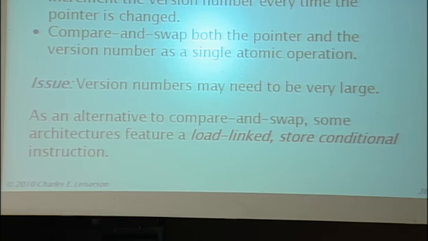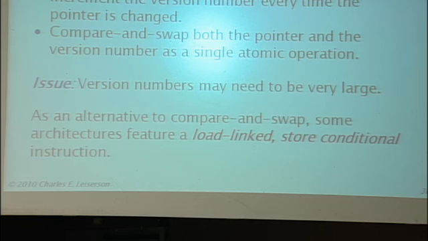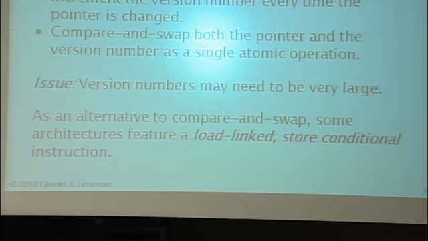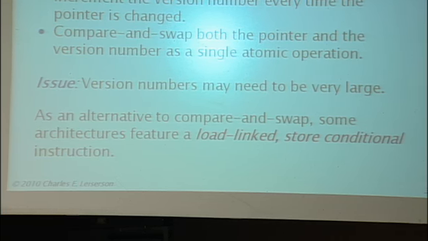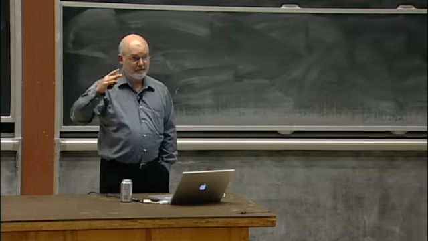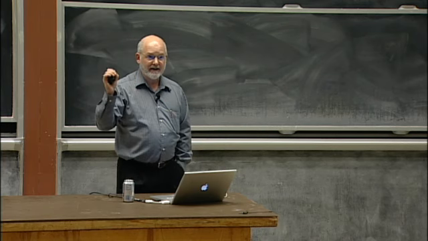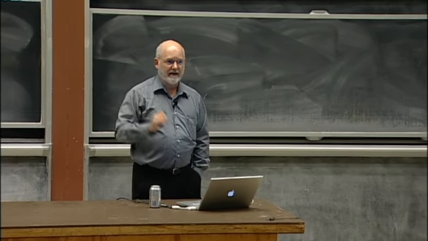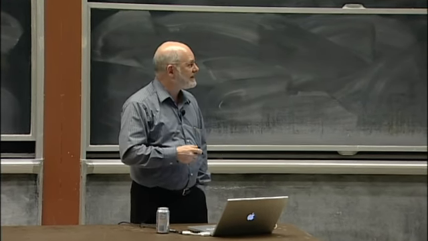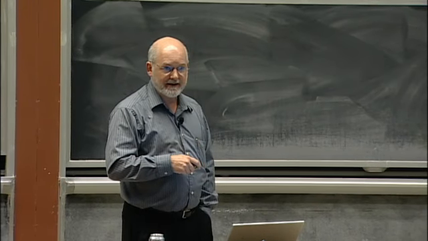So even if some other processor changes it to the exact same value, it's keeping track of whether anybody else wrote it using the memory consistency mechanism, okay, the MSI type protocol that we talked about, to make sure that if it changes. And so this is actually much more reliable as a mechanism.